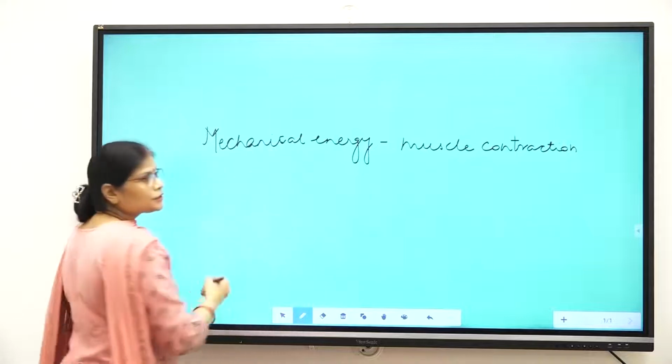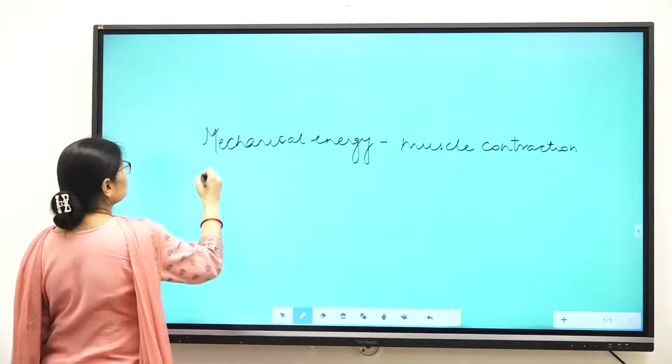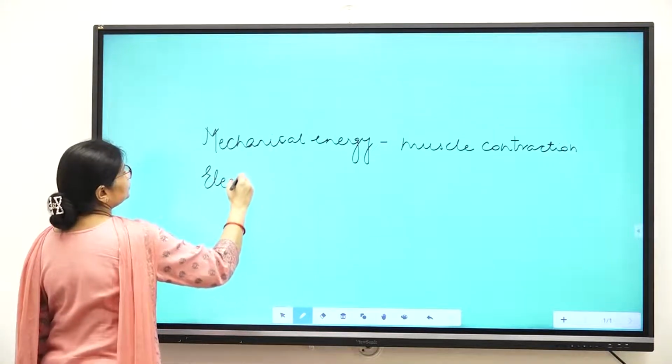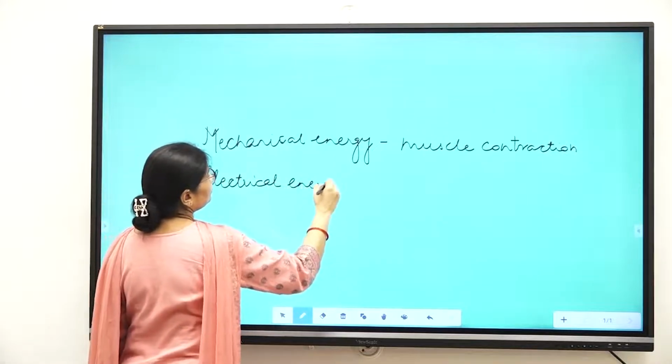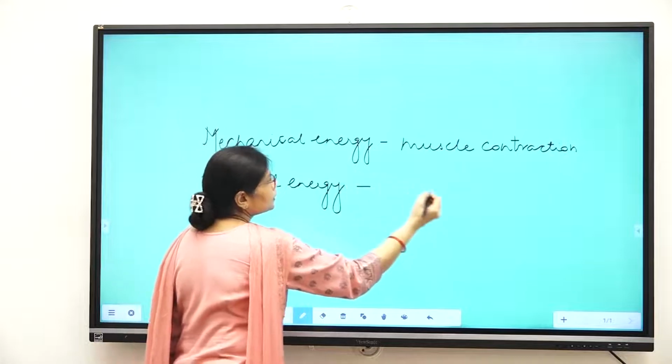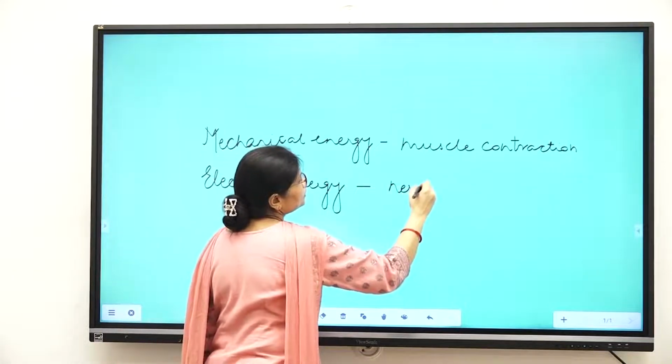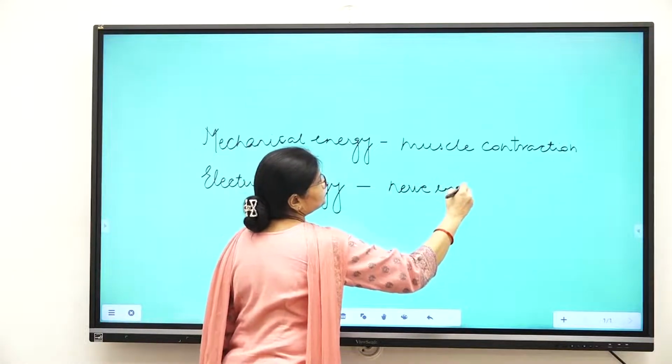It can also be transformed to electrical energy for conduction of nerve impulses.